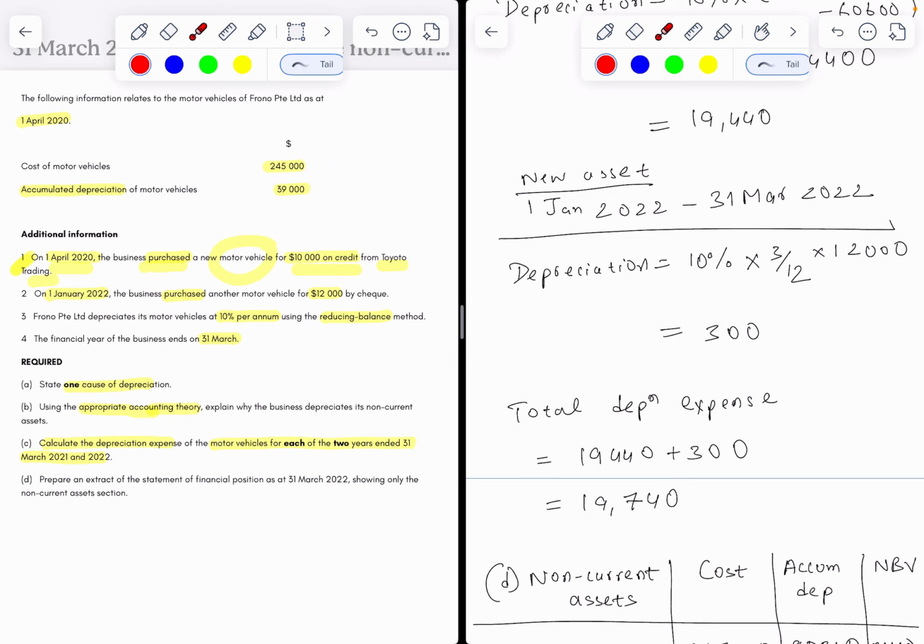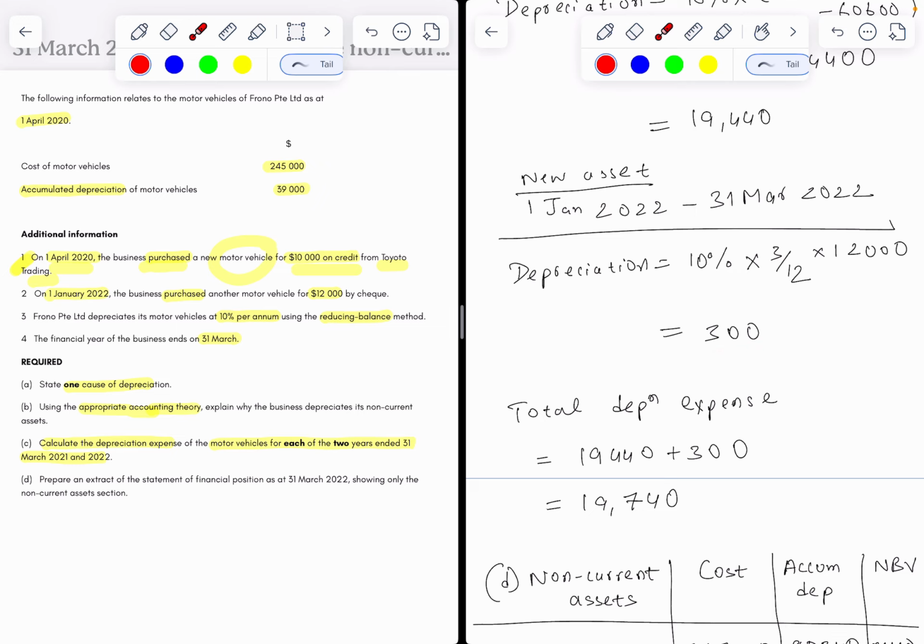So now that we want to find the depreciation, we take the depreciation rate of 10%, multiply it by 3 over 12, and that converts the 10% into a 3-month rate, all right? And then we multiply it with the cost of this new asset, which is $12,000, as mentioned in additional information number 2. And that gives us a depreciation of $300 for the 3 months, January, February, and March.